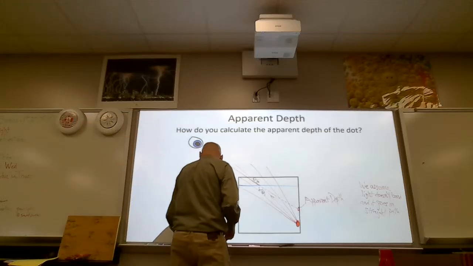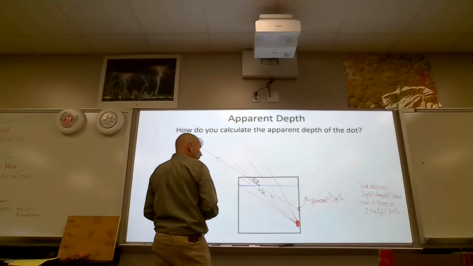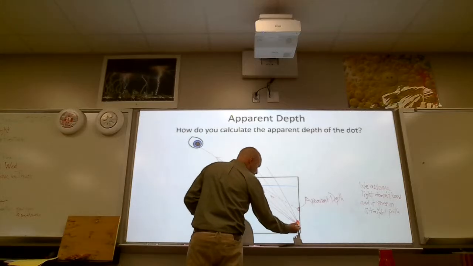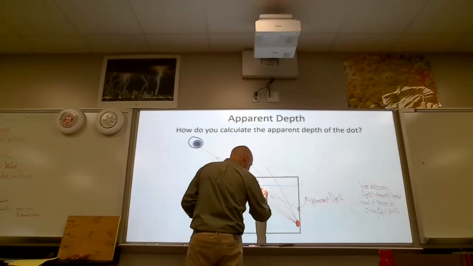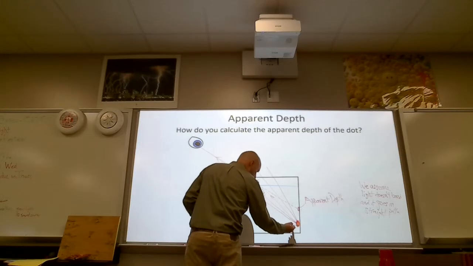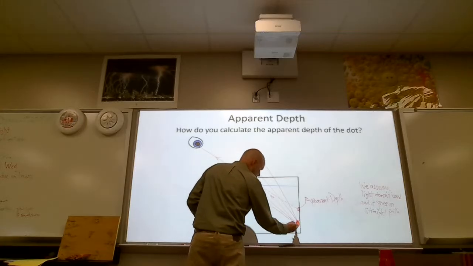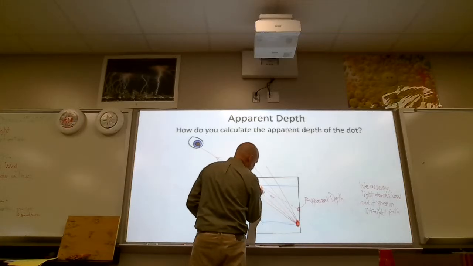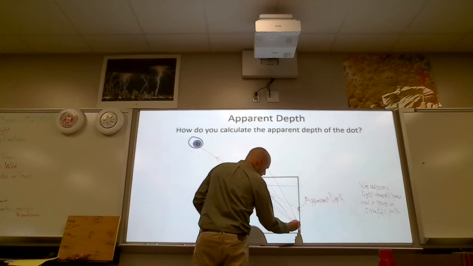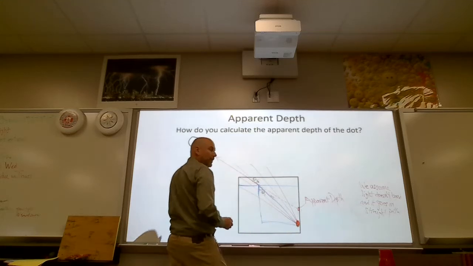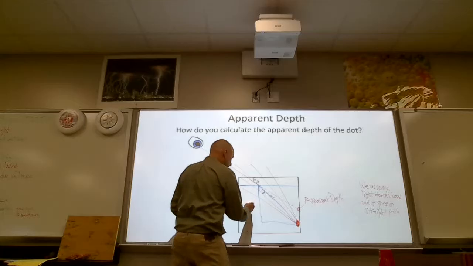Then, the actual depth would be this depth here, with this triangle from the original ray. Okay with that? Theta 1 being part of that triangle. Here's the actual depth.